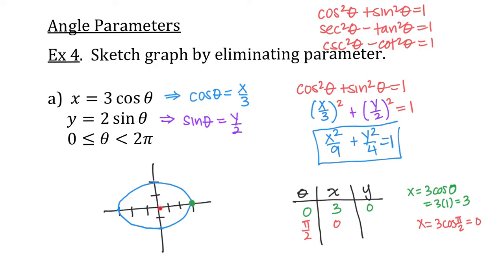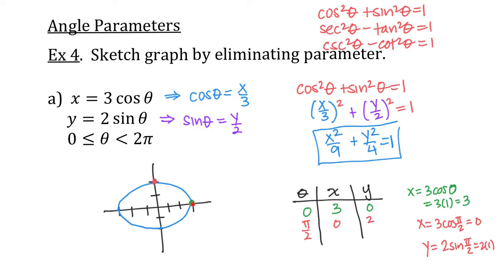But I don't know if it's 0, 2 or 0, negative 2. So I need to figure out the y value. What is it? 2 sine pi over 2. The sine of pi over 2 is 1, so 2 times 1 is 2. So the next point this goes to is 0, 2.